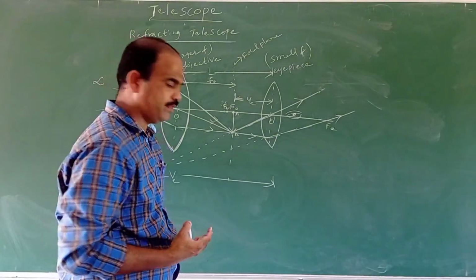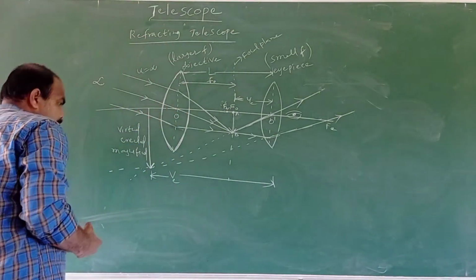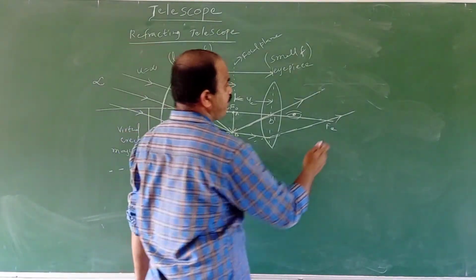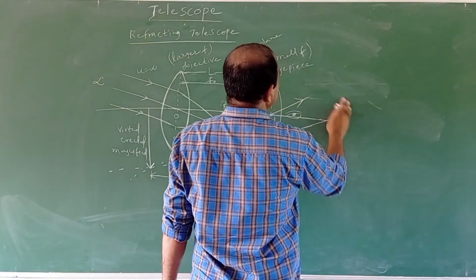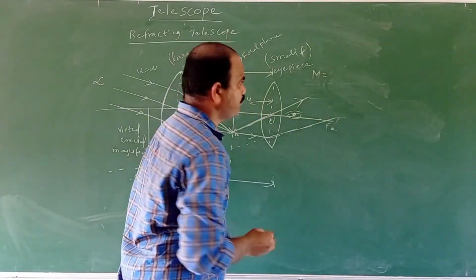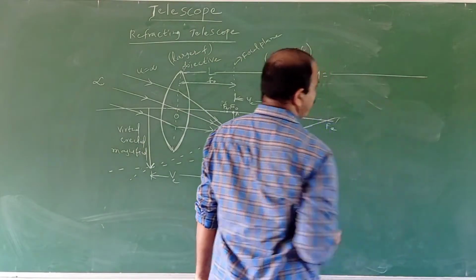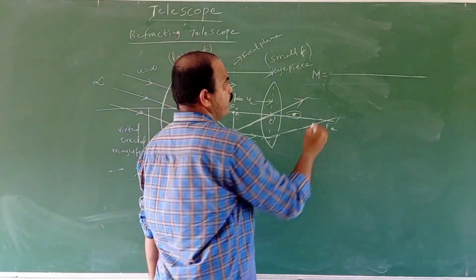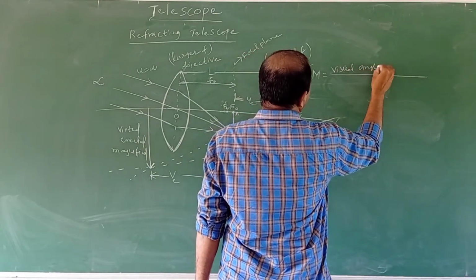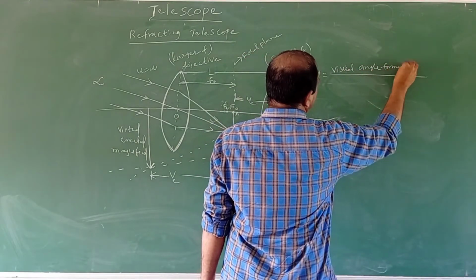Next I am going to find the magnifying power of this telescope. The magnifying power M is defined as the ratio of the visual angle formed by the final image.